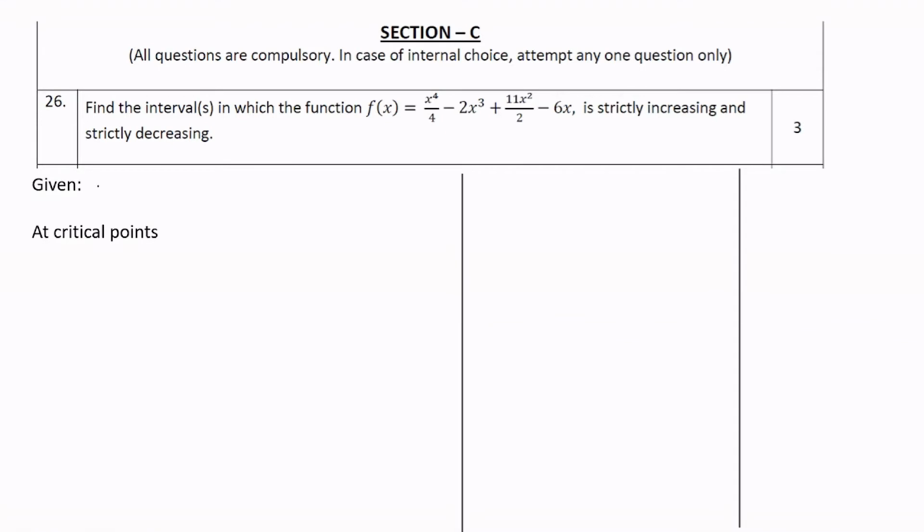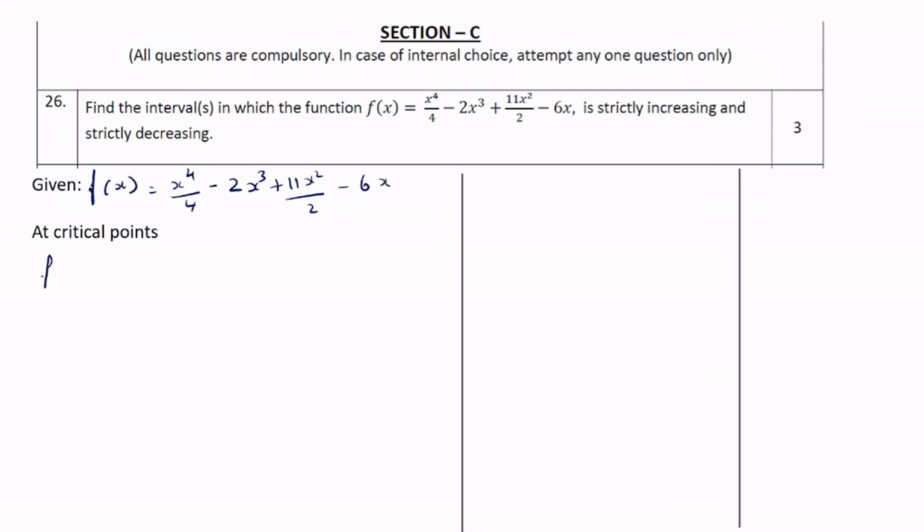So here given f of x is equal to x raised to 4 by 4 minus 2x cube plus 11x square by 2 minus 6x.